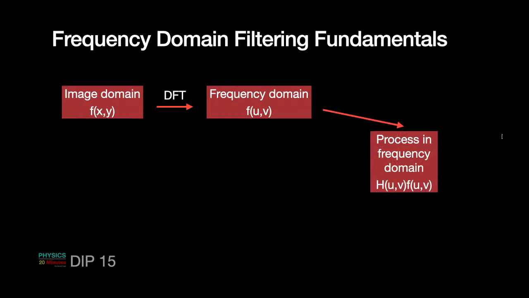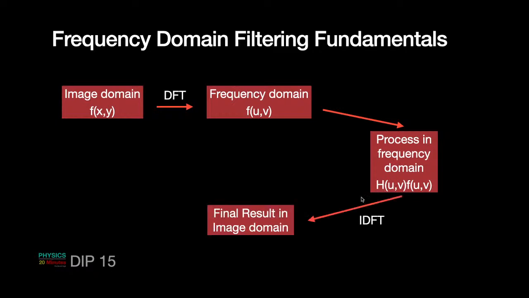You process it in the frequency domain, so apply whatever filter H you want. And after that, you take the inverse discrete Fourier transform, IDFT, and get the final result in the image domain once again. So this will be your g of x,y. That is your general procedure to carry out Fourier analysis.